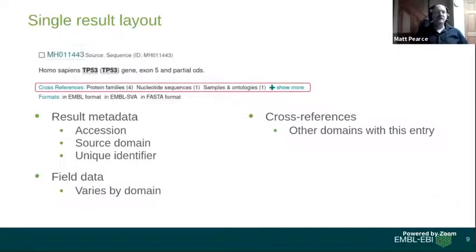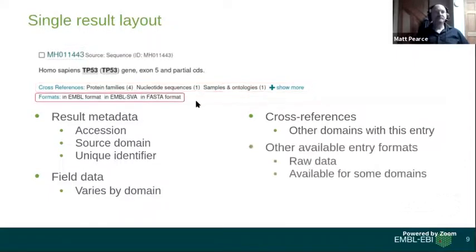And you can follow these cross-reference links to protein families, samples and ontologies, and so on, to see entries that reference this item in those domains. And finally, we've got raw data formats, which are available for some domains. You can see here we can download in EMBL format, EMBL SVA, and in FASTA format.